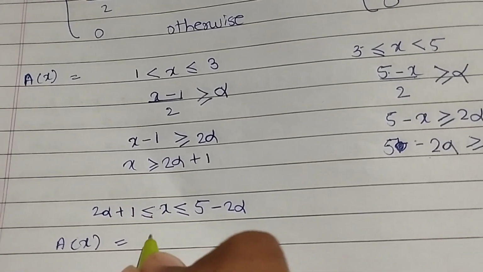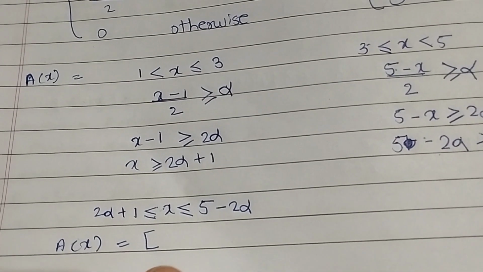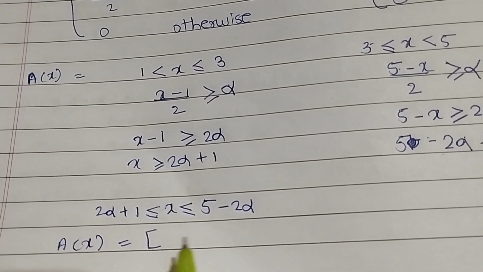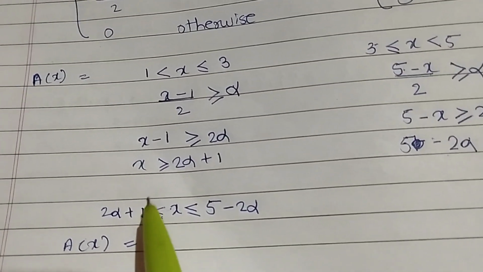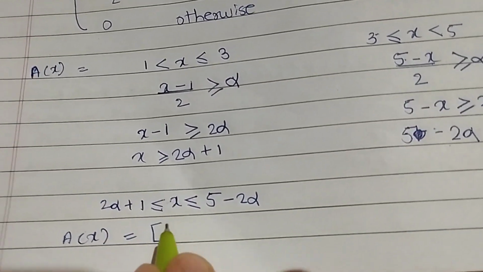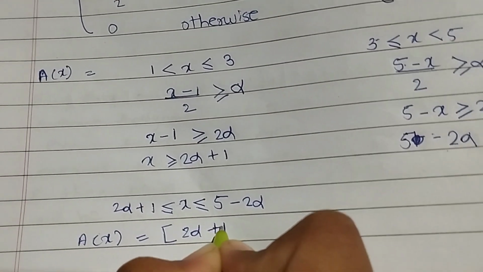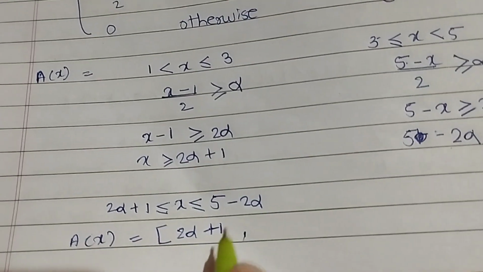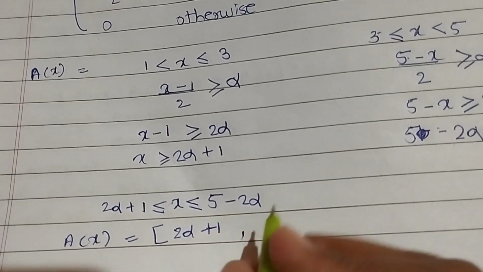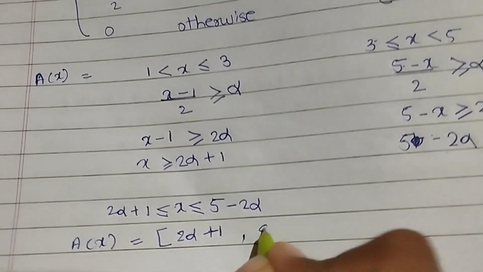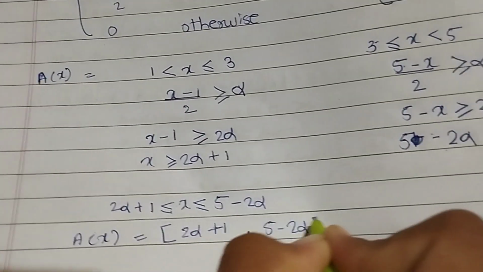So interval means nothing but the smallest value and the largest value. So which is the smallest from this? The 2 alpha plus 1. So this is the first, and the second thing is 5 minus 2 alpha.